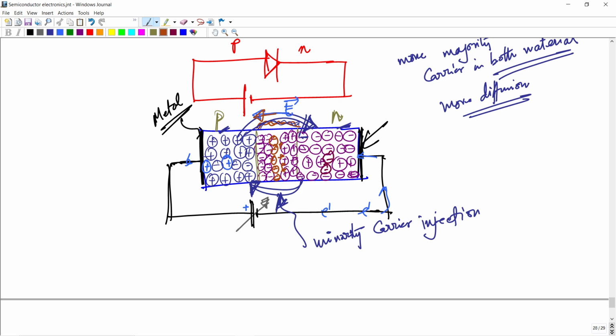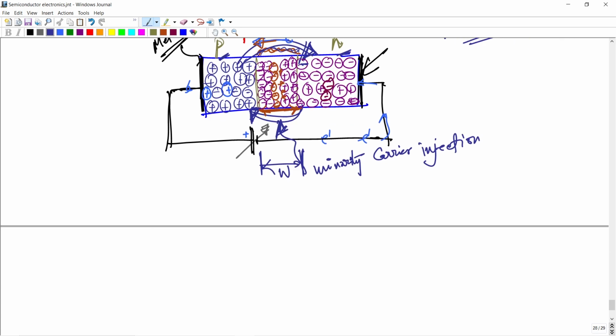The electric field being less means this bounded region shrinks. The depletion region will shrink, the width W of the depletion region shrinks. When electrons go from n to p and holes from p to n, there is some barrier potential, we know that from the previous class. It is called V0, across the p type and n type material.